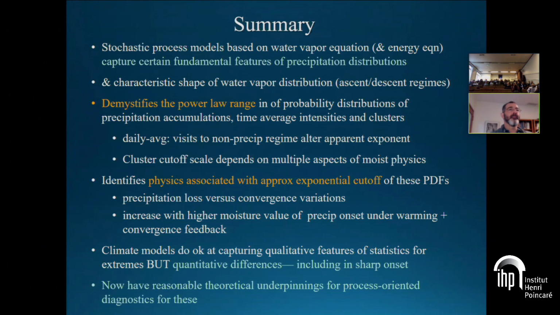It gives you moist physics associated with the roughly exponential cutoff of these distributions. And it tells you the relationship to the thermodynamic environment as you move around in water vapor, driven by complex dynamics, which we've here represented as stochastic.